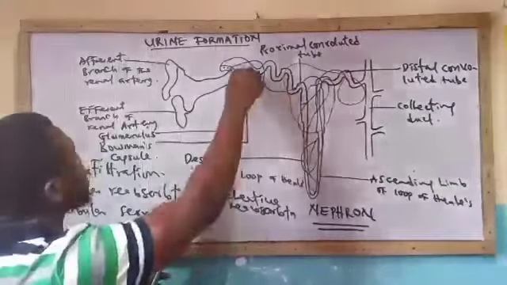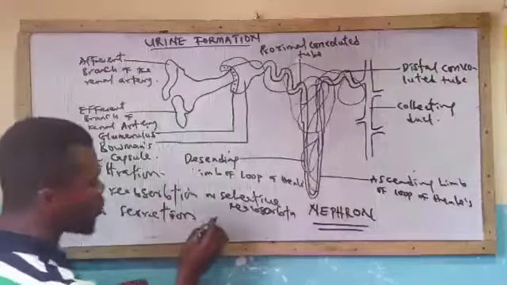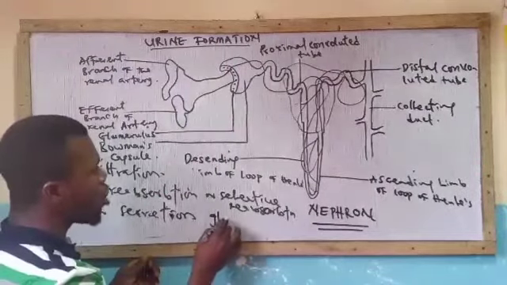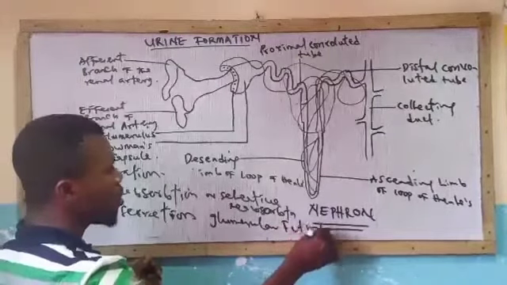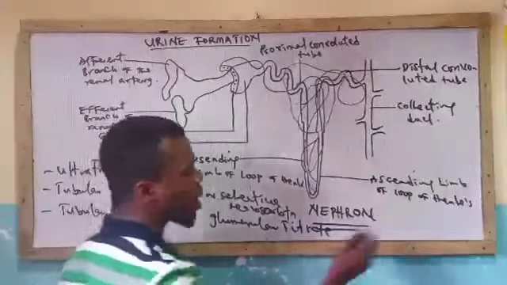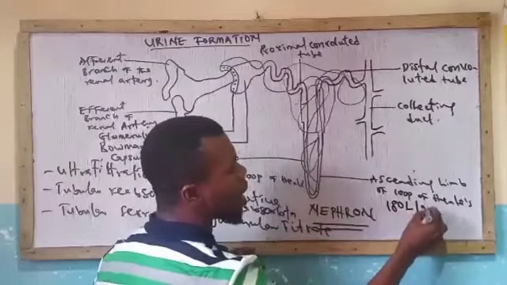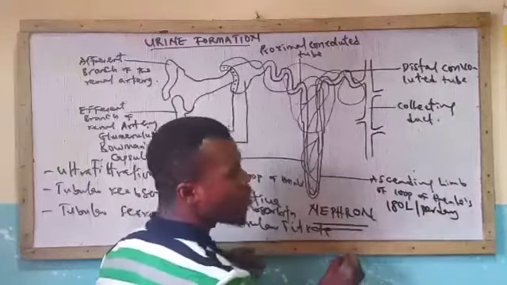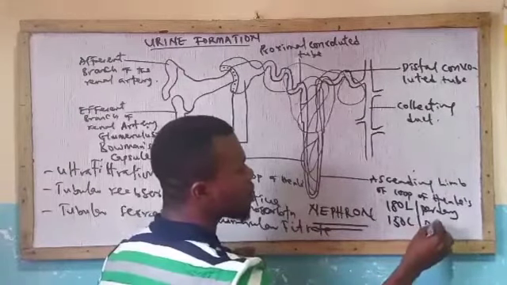Now, this content inside the Bowman capsule is called glomerular filtrate. The glomerular filtrate for a man is 180 liters per day, and for a woman is 150 liters per day.